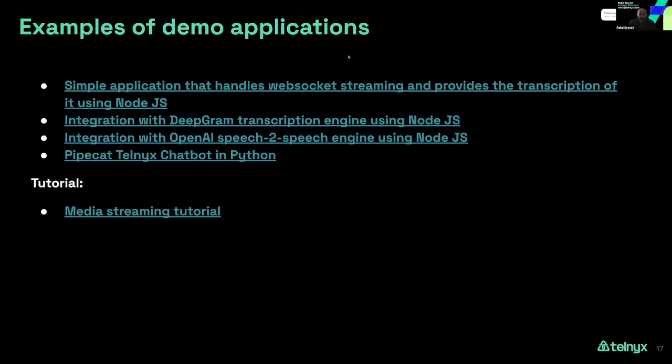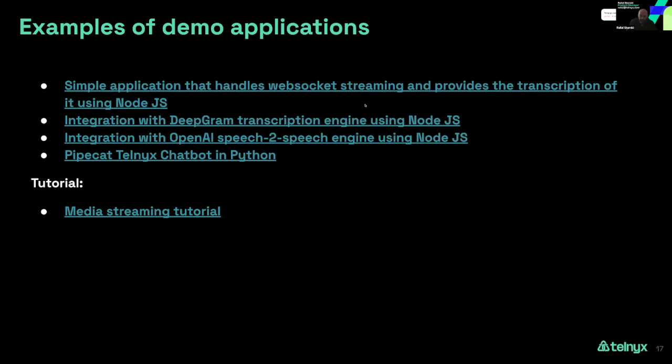Okay. Yes. So on that slide, as I mentioned, are all the links. So Pipecat is what I presented to you, and as well OpenAI. I mean, if you want to review that once again, the demo applications are there.